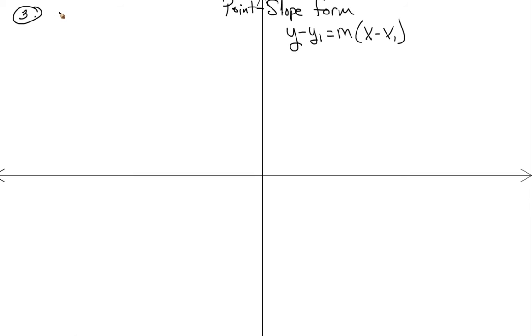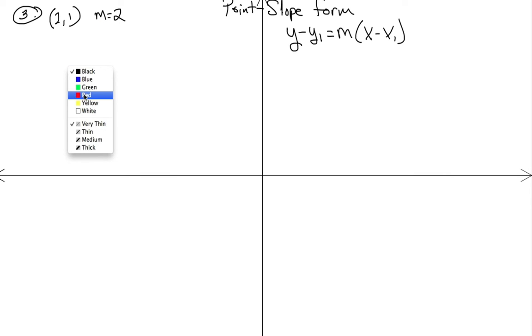You're given a point, 2 and 1, and a slope of 2. Remember, you need 2 things for point-slope form. You need the slope and you need a point, and it's exactly what's given to you. So here I'm going to write out my equation. Let me identify these. My m, I already know that. Now let me identify my x and my y.